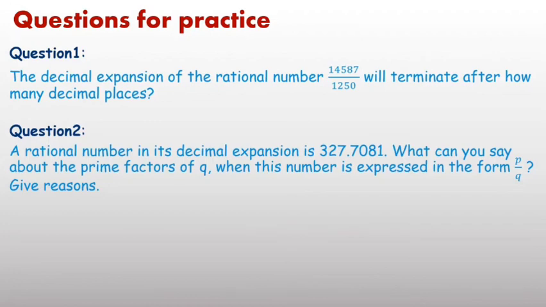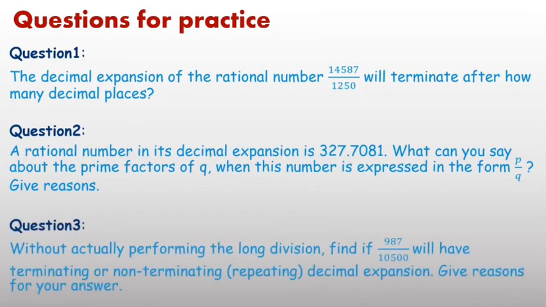You have to write the prime factorization of q, and you have to write the reason also. Third question, without actually dividing, find if the given number will have a terminating or non-terminating, meaning repeating, decimal expansion. Give a reason for your answer.